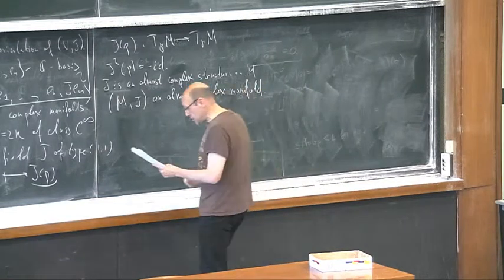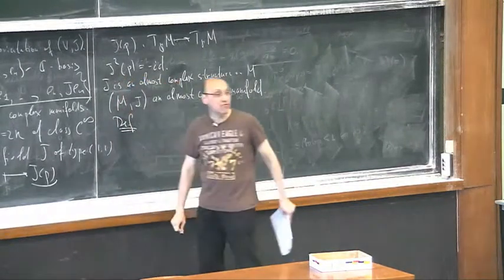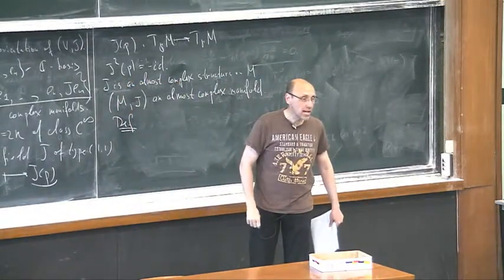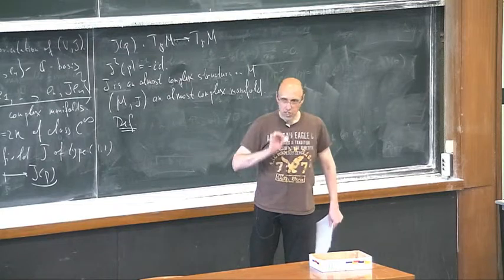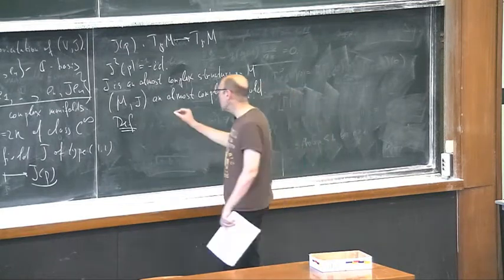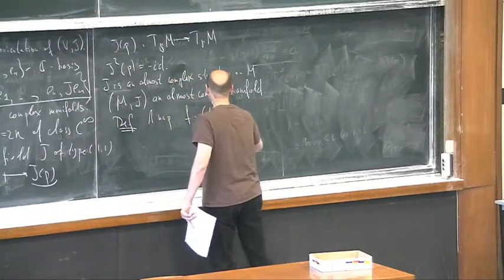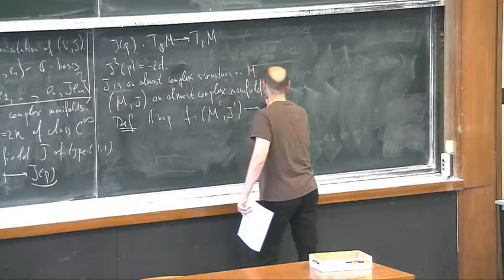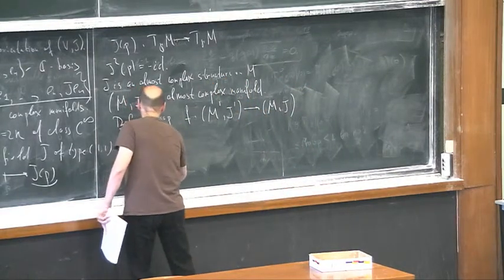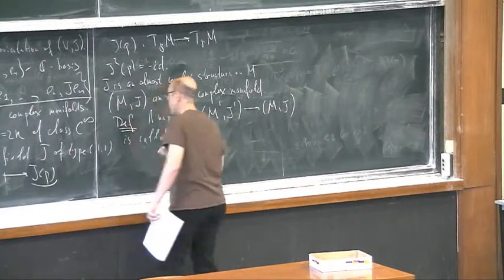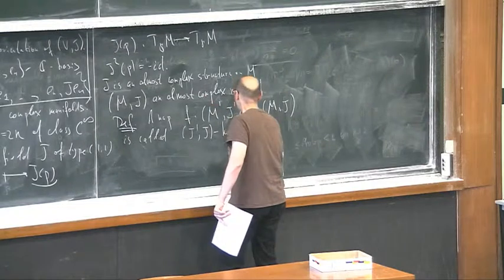Well, the definition which is important. Suppose that you have two almost complex manifolds, (M', J') and (M, J). What is a J-holomorphic map between these manifolds? A map f between two almost complex manifolds is called, formally I have to say, (J', J)-holomorphic.